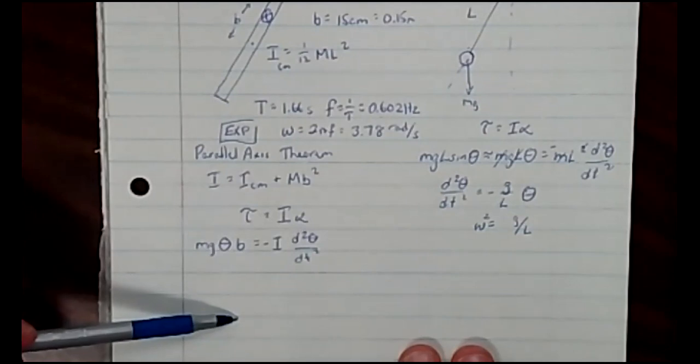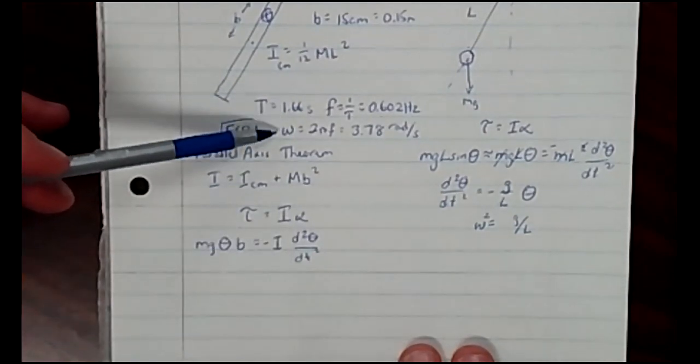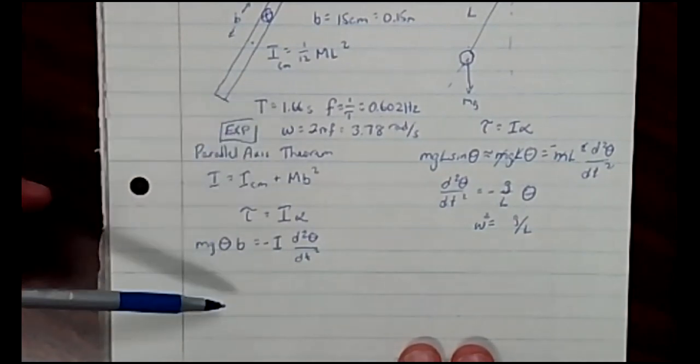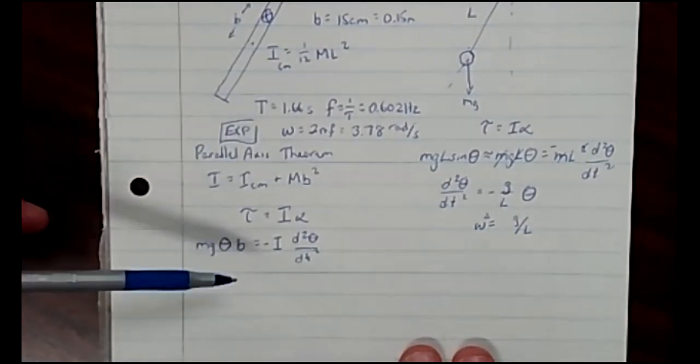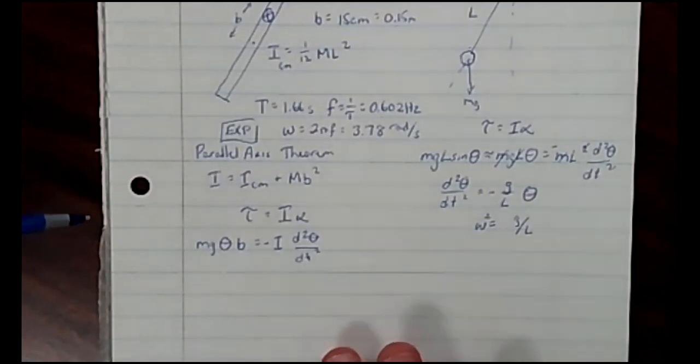So give this a try and then see how your angular velocity compares to the one we got experimentally, because this would be the thinking part of it. And then see what you get for omega, and you could do a percent error. All right, that's a good start. So let's chew on that for a little while.